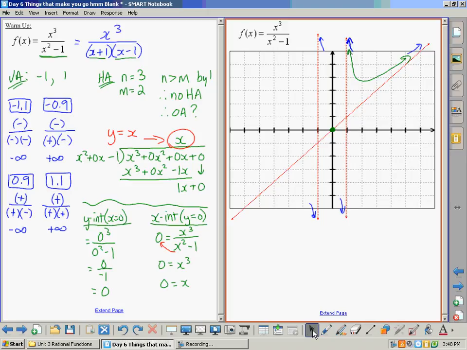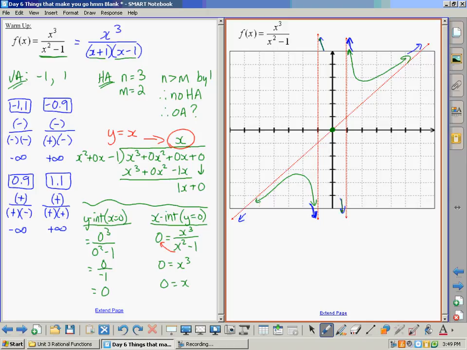That same idea is probably going to happen in the bottom left. I have this going down to negative infinity, and chances are that this is going to go down like this. So I'll have a similar sketch happening down here. The middle one we have a little bit more confidence in. We know it goes off to negative or positive infinity over here, negative infinity over here, and it goes through 0, 0.